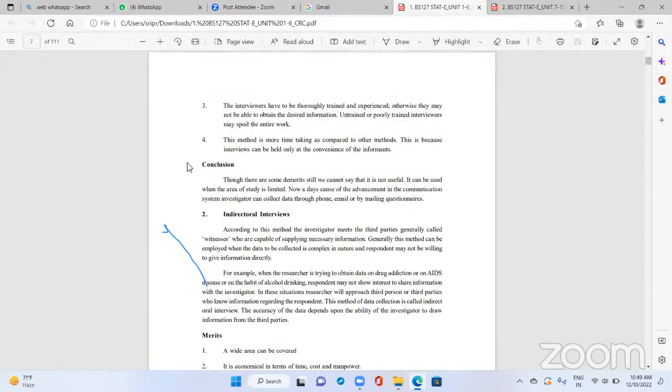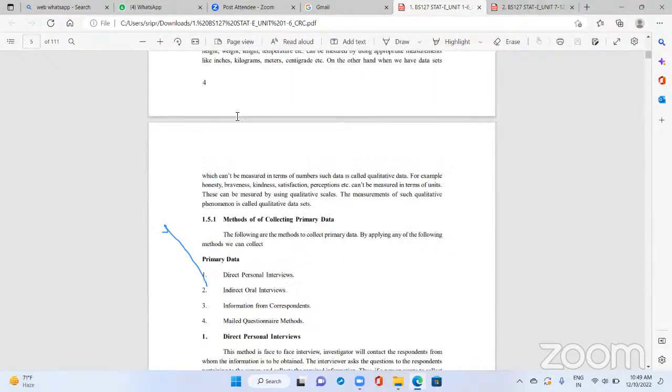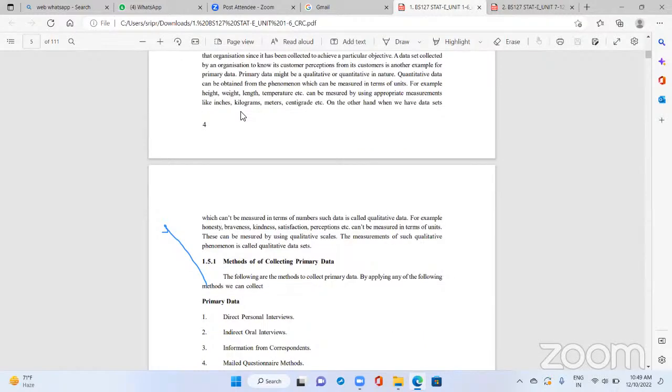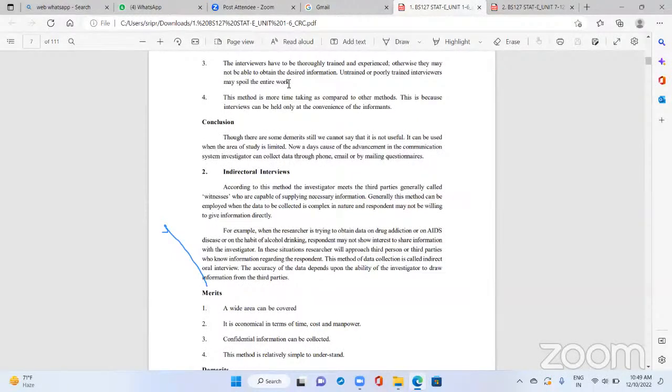Now, coming to the third demerit of the primary data: the interviewers have to be thoroughly trained and experienced. Otherwise, they may not be able to obtain the desired information.